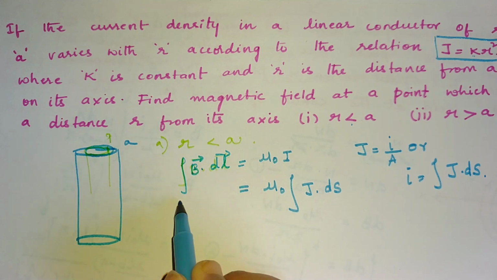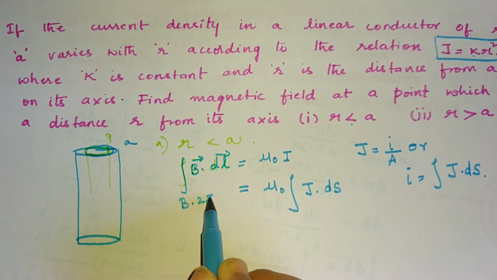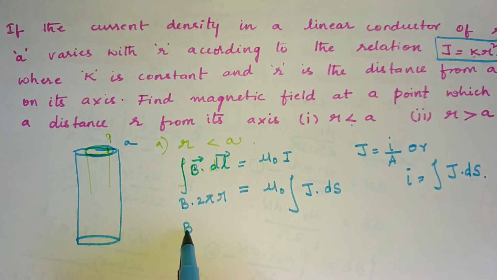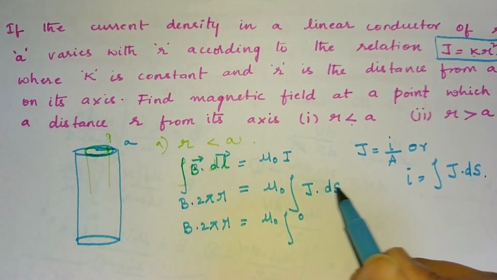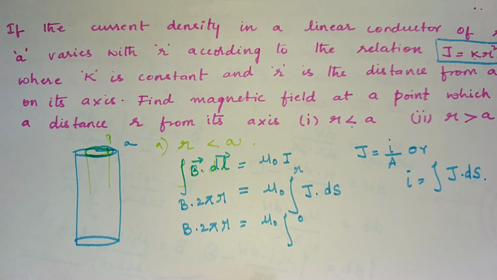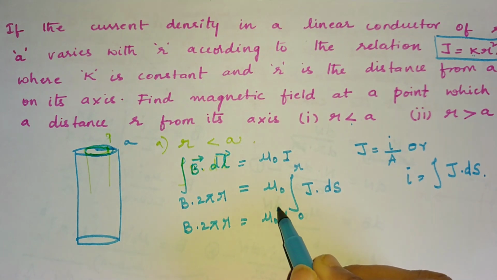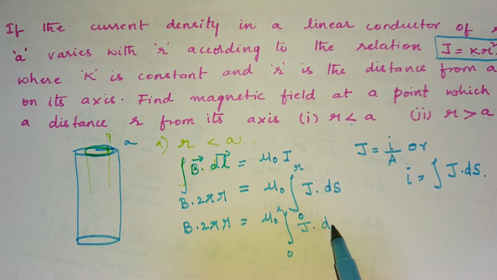So integral B dl is B into 2 pi r, or B into 2 pi r is equal to mu naught integral from where to where? From the center till a certain distance r inside, 0 to r, J into ds.